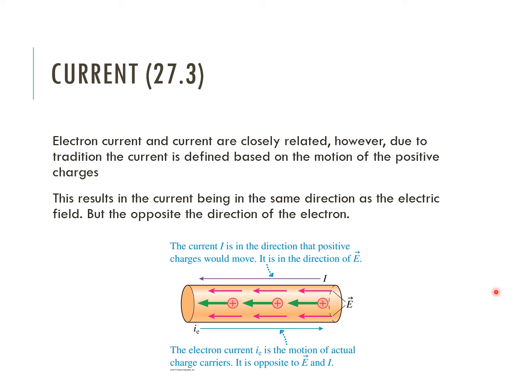Mathematically, when you go through and look at circuit math, it's not going to matter. When you set it all up, it'll be set up for conventional, but it's mathematically explaining electron motion. So you just flip the direction, call it a day. We'll talk about that more when we get into circuits next lecture.